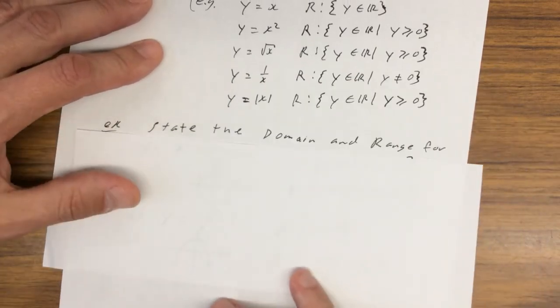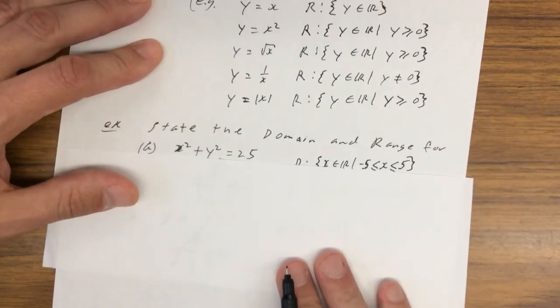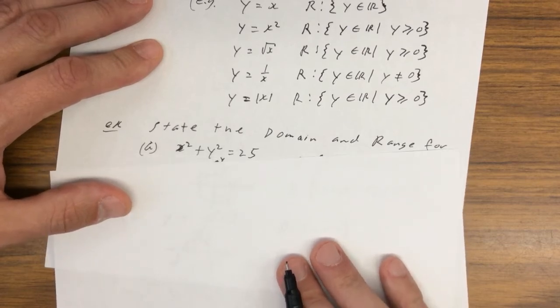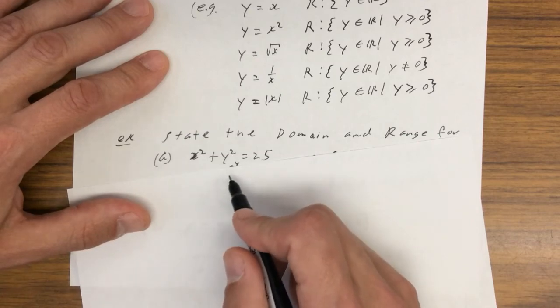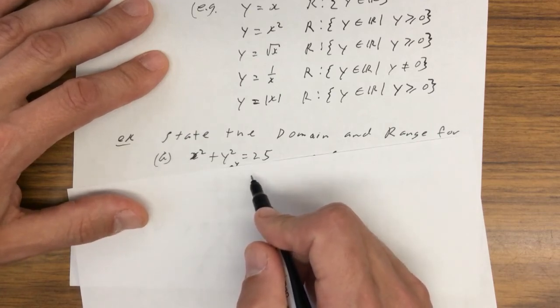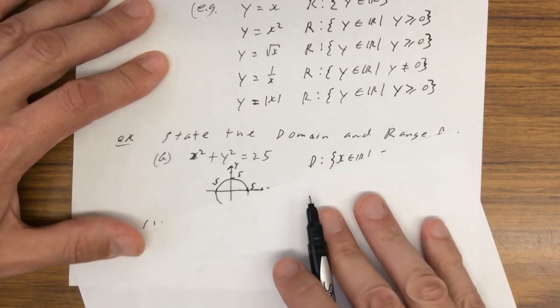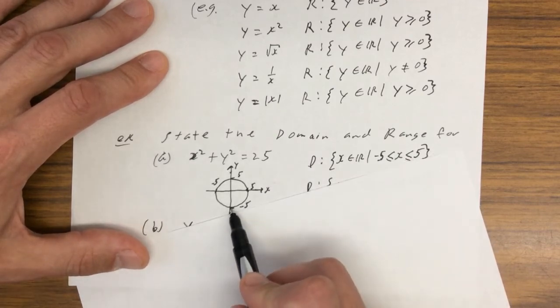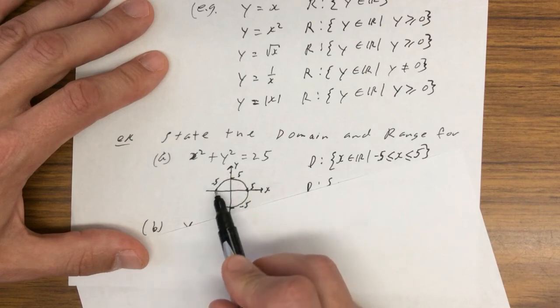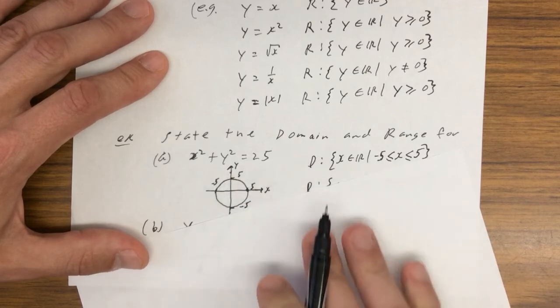Okay, a couple other examples here. How about the domain and range of this one? x squared plus y squared equals 25. That's a circle. And the circle looks like this, where it goes from -5 to 5 on the y-axis and -5 to 5 on the x.